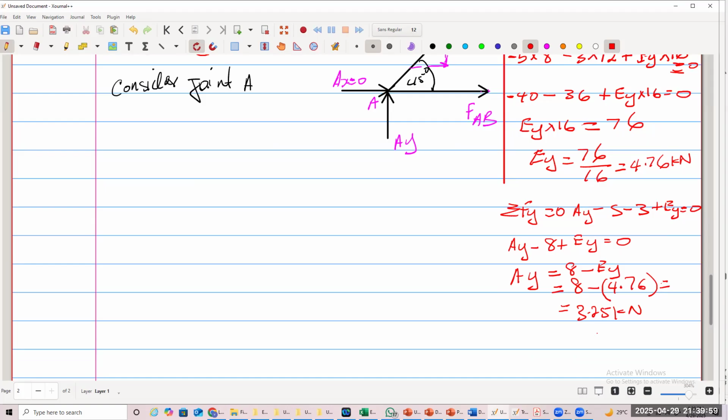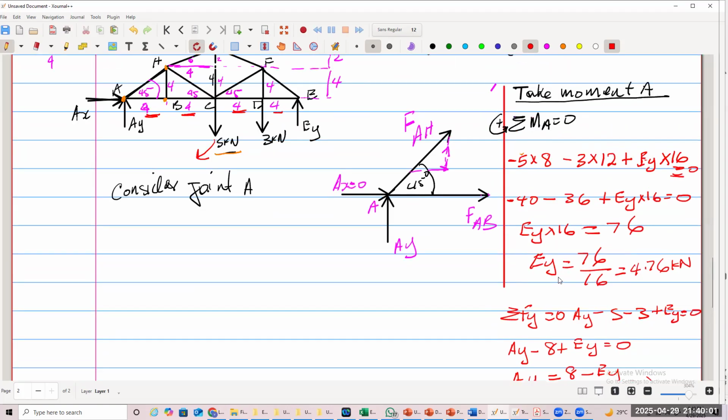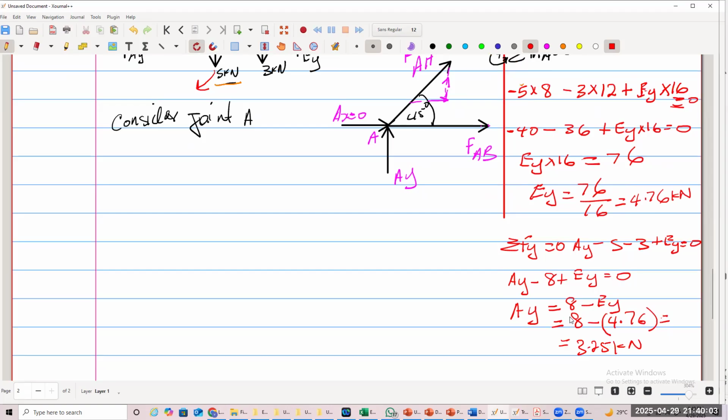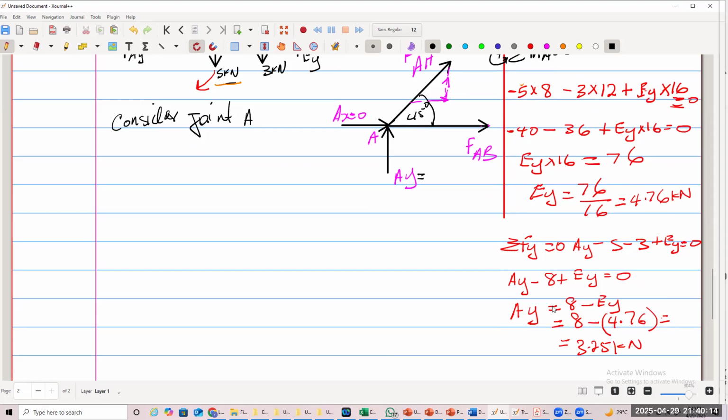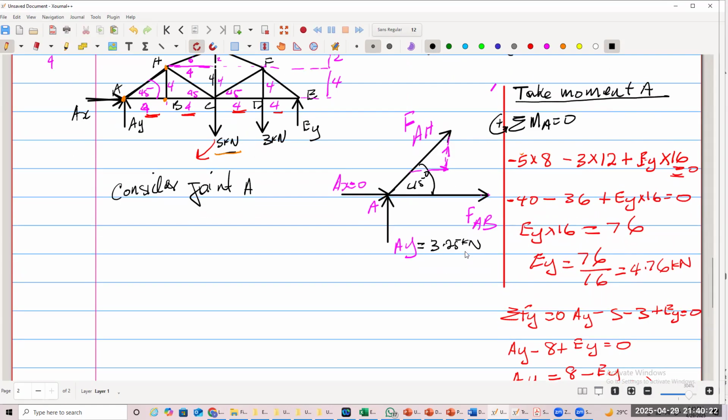So we have found EY and AY, and you need those critically in order to work, you cannot work without them. So AY is 3.25 kilonewtons.